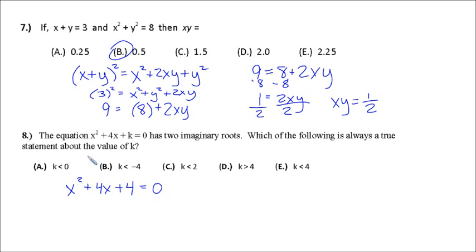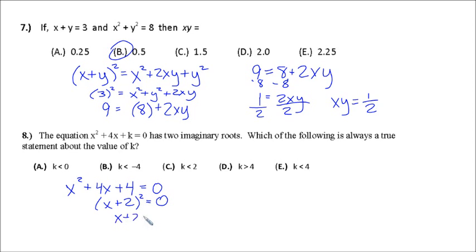That is a perfect square trinomial. We know that because we can factor this out as x plus 2 times x plus 2, or x plus 2 squared. That's equal to 0. And because we have something squared equals 0, we're going to have a single root. It's going to cross the x-axis at a single point.